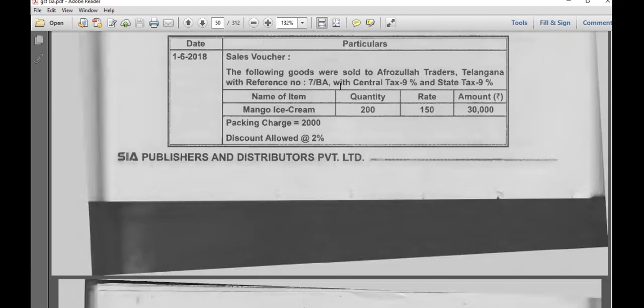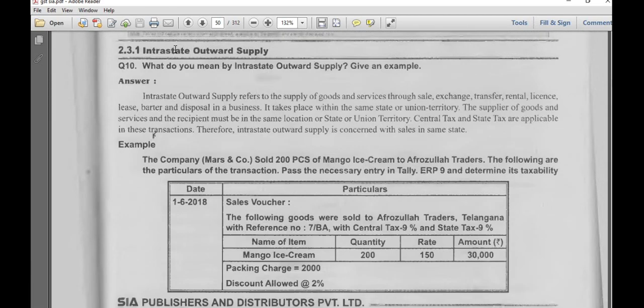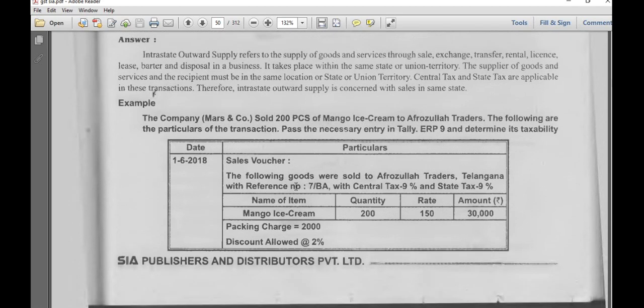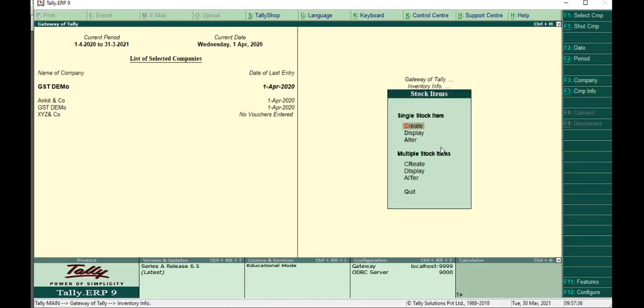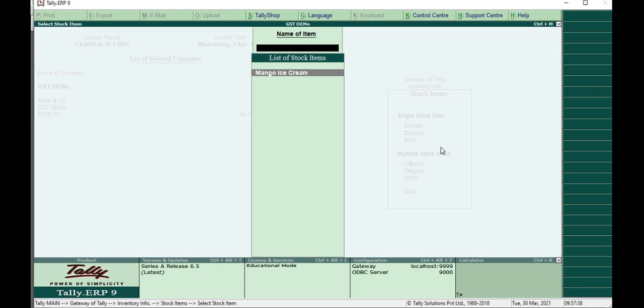What is this? Intrastate outward supply, sales. Okay, sales voucher. The following goods are sold to Afrozulla Traders, Telangana, with reference 7/BA, with central tax 9% and state tax 9%. Okay, ice creams 200, 150, 3000. So we'll see the stock items, display, mango ice creams.